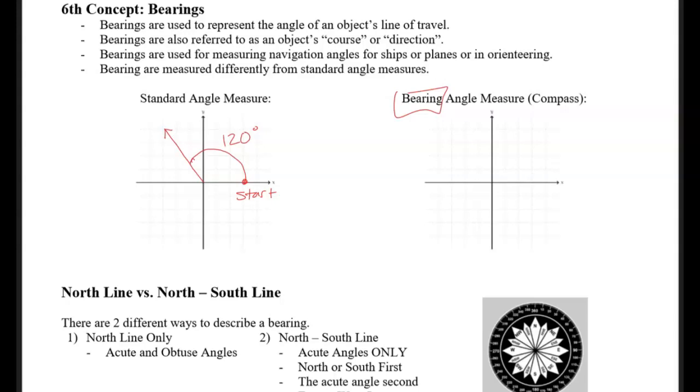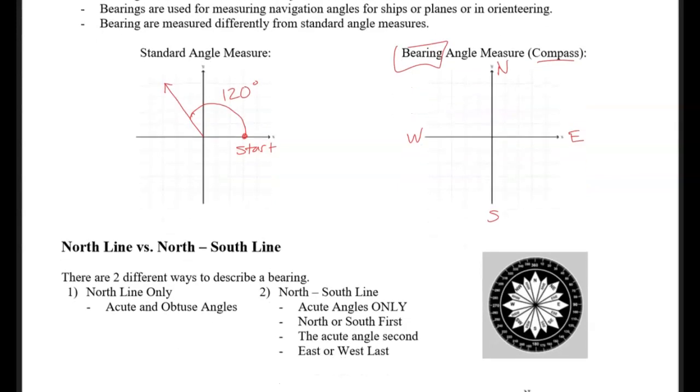Now a bearing angle, like I said, is dealing with a compass. So we have north, never eat sour worms, north, south, east, west. And you always are referencing either the north line or north-south line. We'll go over in a second the difference between those two, but you always reference the north or north-south line.